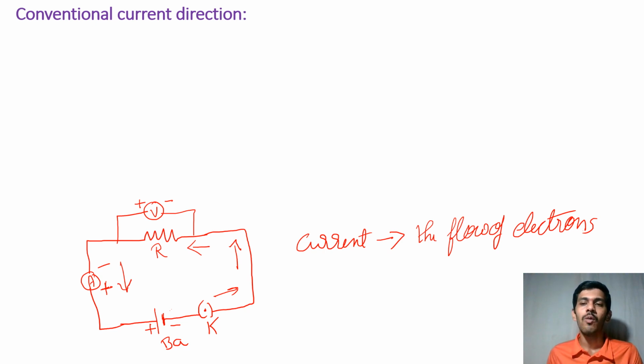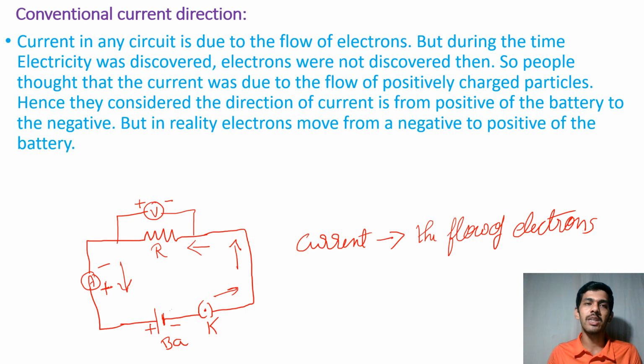While this concept of electricity was being found, the current in any circuit is due to the flow of electrons, as we already know. But when electricity was discovered, the electrons had not yet been discovered. At that time they did not know about the electrons.